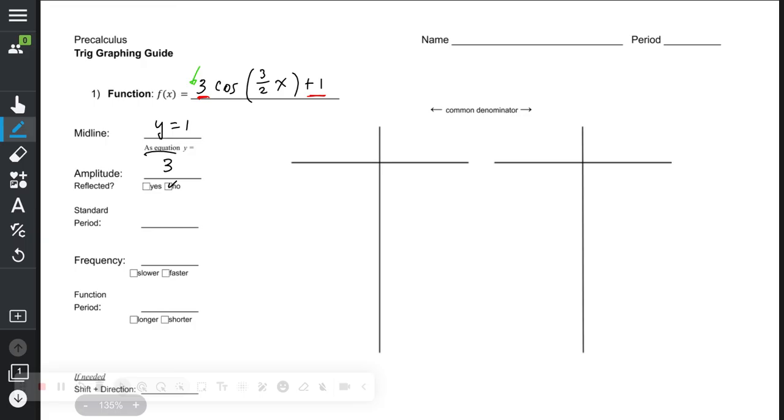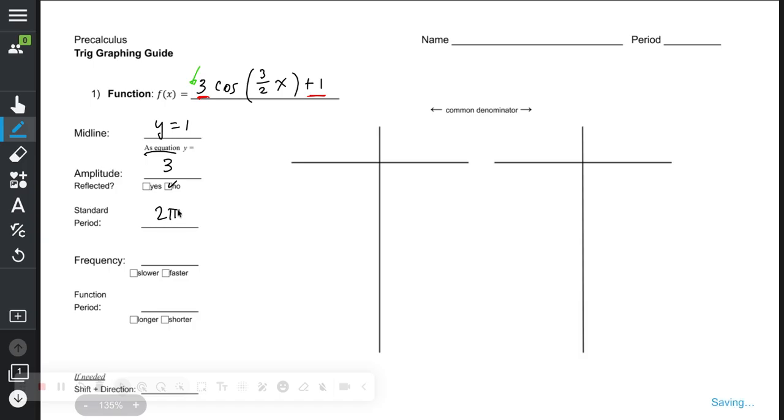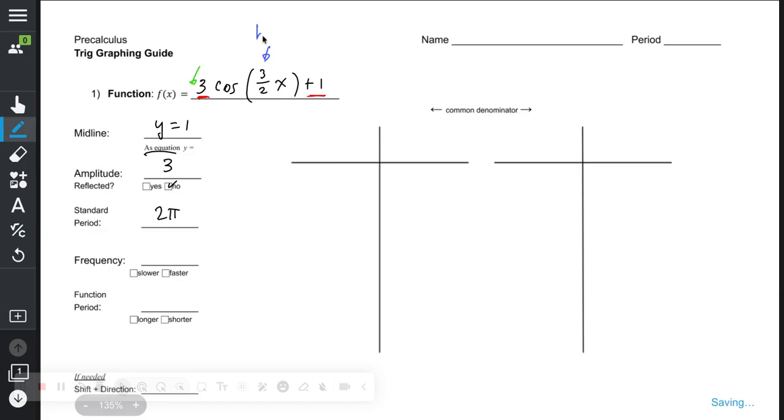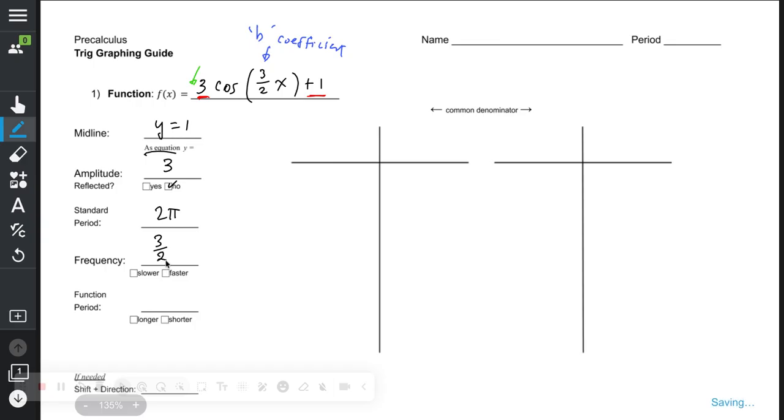What's the standard period of cosine? It's always 2 pi for cosine. Okay, so what's the frequency? The frequency is the coefficient on the x, often called the b. It's what's multiplying the x. So that's the frequency. It's 3 over 2.